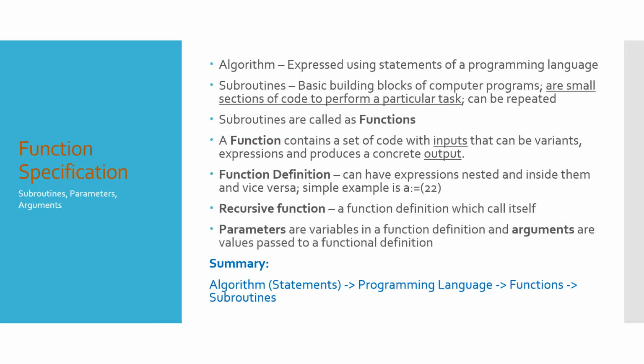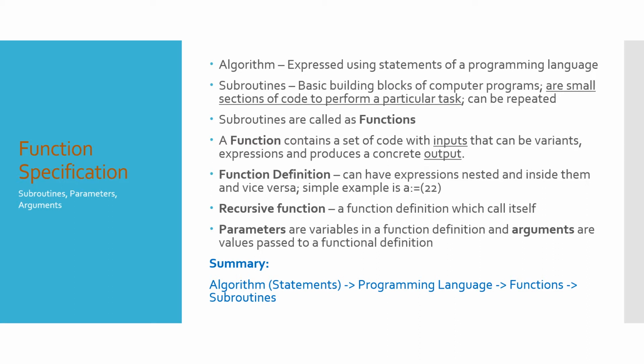So a subroutine, a function and an algorithm go hand in hand. What does that mean? If you see the summary in this slide, there are 4 elements which make an algorithm. I'm going to go from bottom to top.